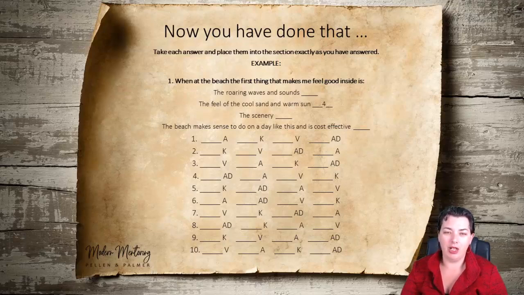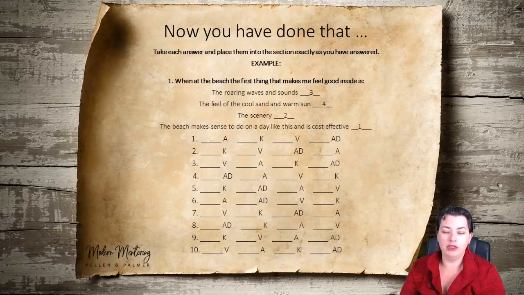As you can see from my answer, number 4 for me was the feel of the cool sand and the warm sun. Number 3 for me was the roaring waves and the sounds. Number 2 for me was the scenery. And number 1 for me was the beach makes sense.